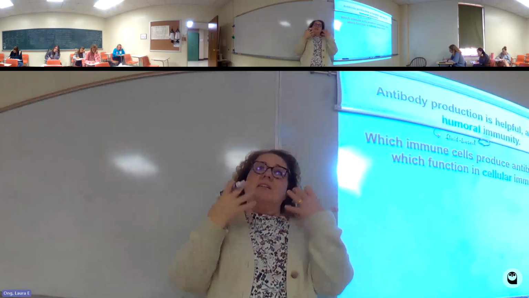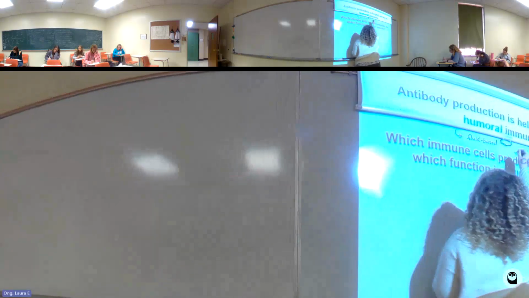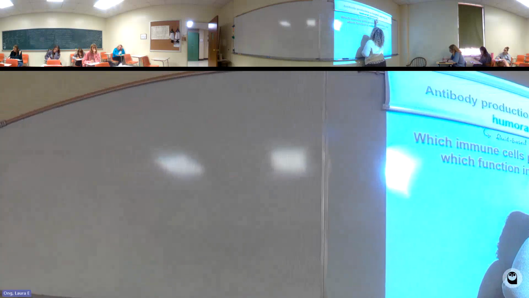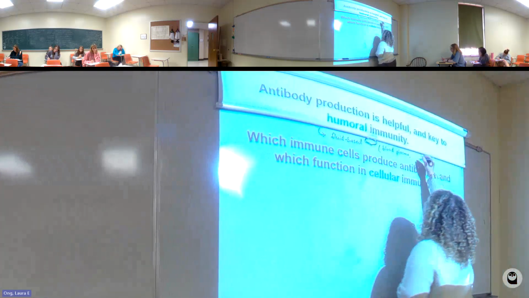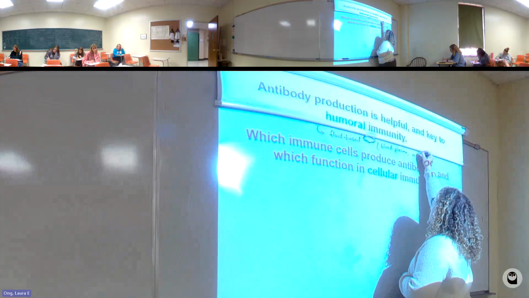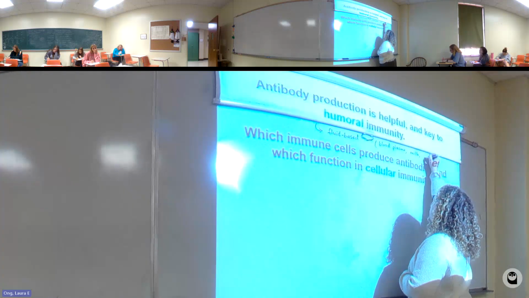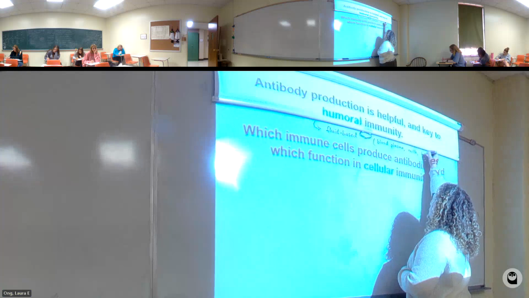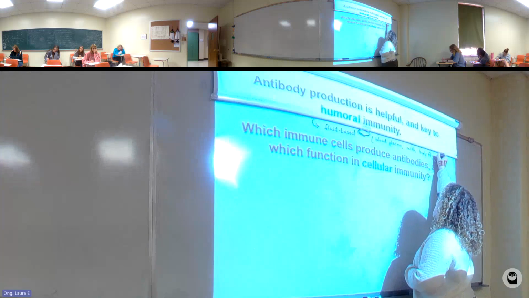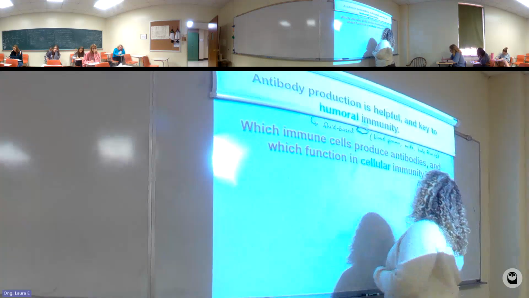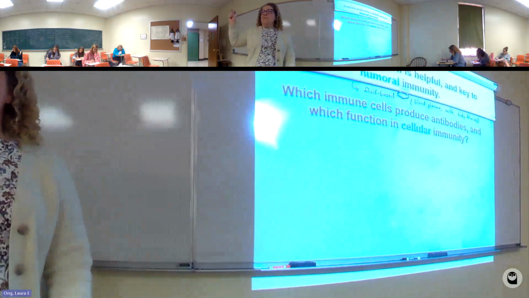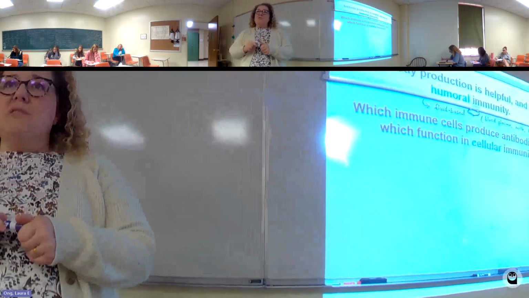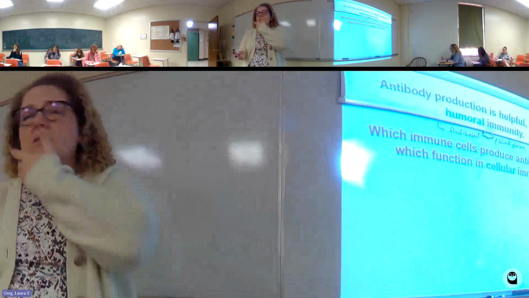We have antibodies floating around in fluids like blood plasma and milk and body fluids, let's say. We call that humoral immunity. This comes from an old Latin word, the humors of the body, which is fluids.